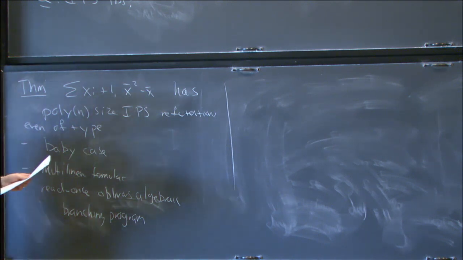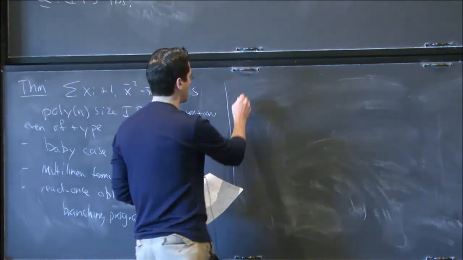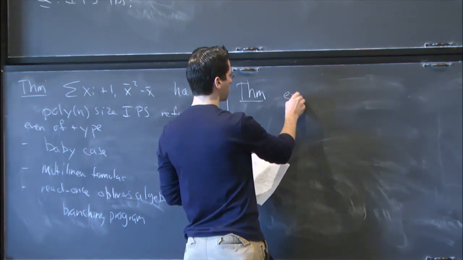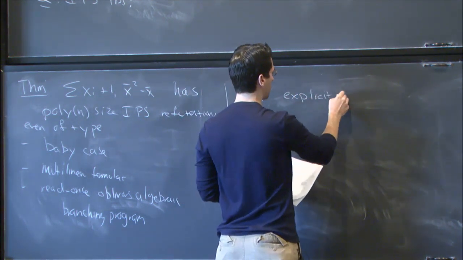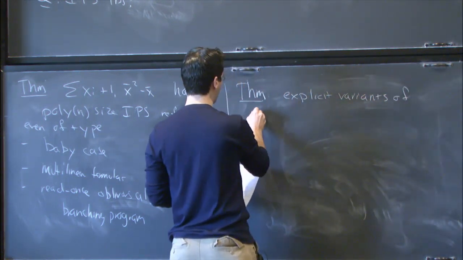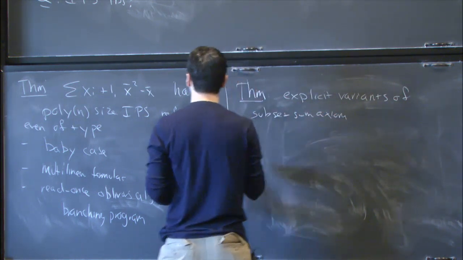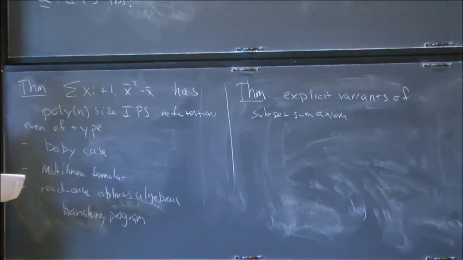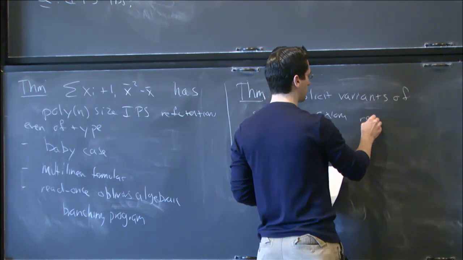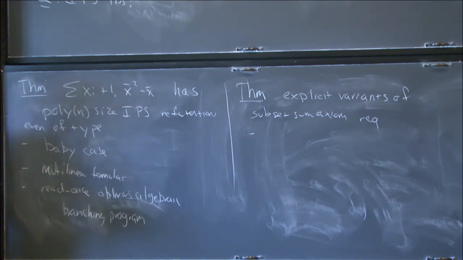But then there's a question: can you actually get lower bounds since there are interesting upper bounds there? And so the theorem here is that there are explicit variants of the subset sum axiom, in the sense that you take this system, which is very simple, and you tweak it in a simple way, and you get some variant which requires various size bounds for these models of IPS proofs.